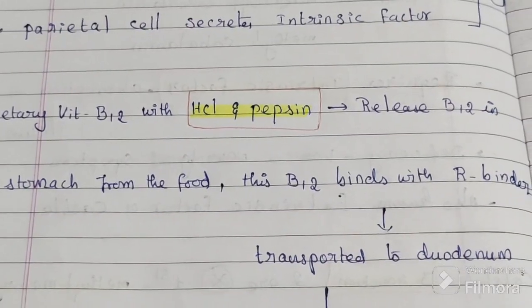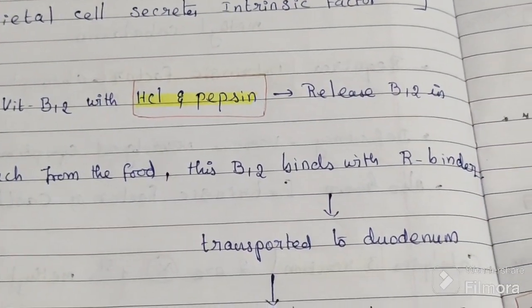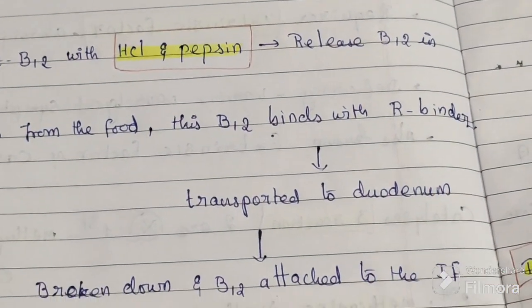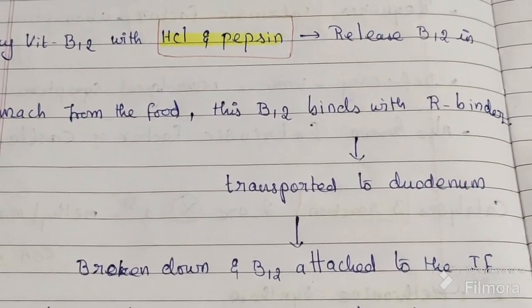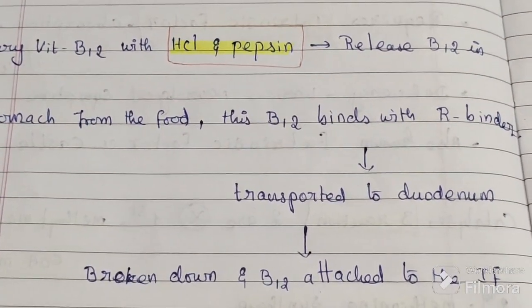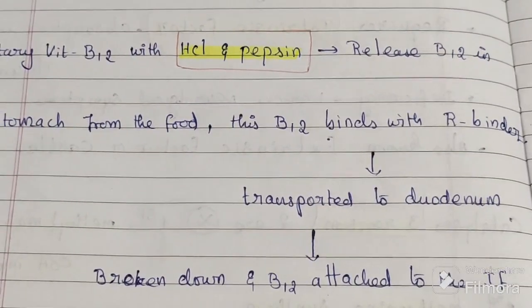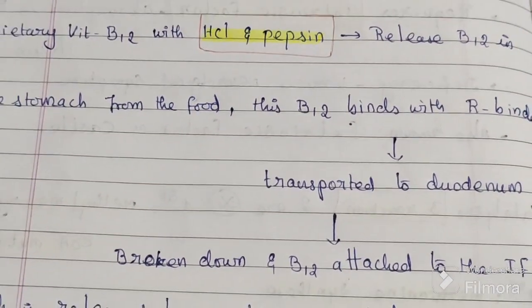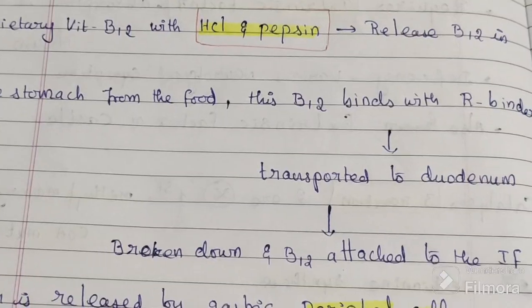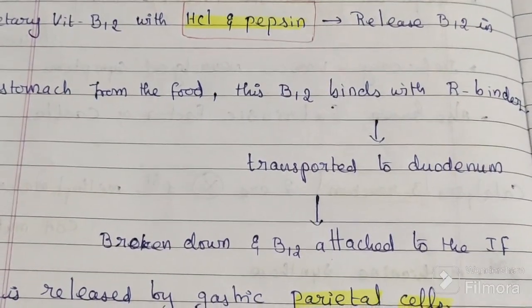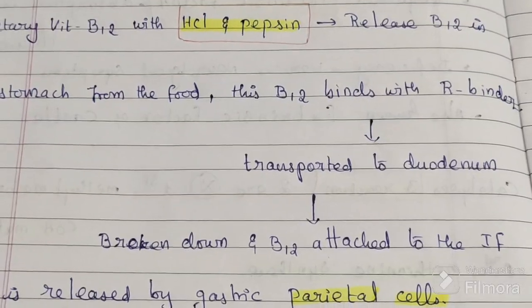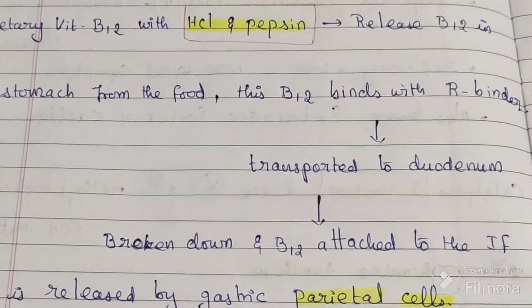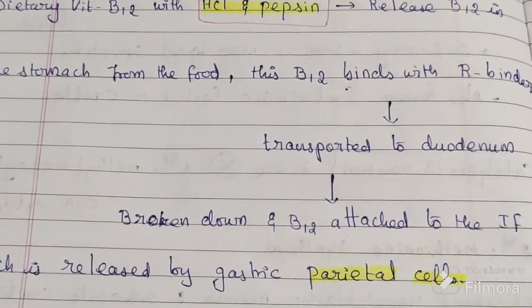This B12 binds with R-binder in the stomach and is transported to the duodenum, where the complex is broken down by protease, and the B12 attaches to intrinsic factor released by the gastric parietal cell.